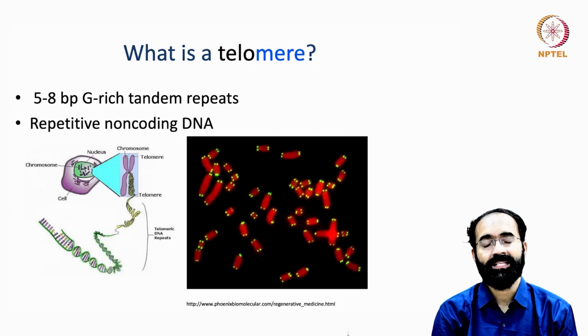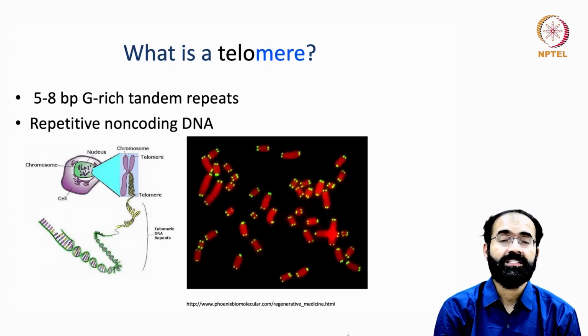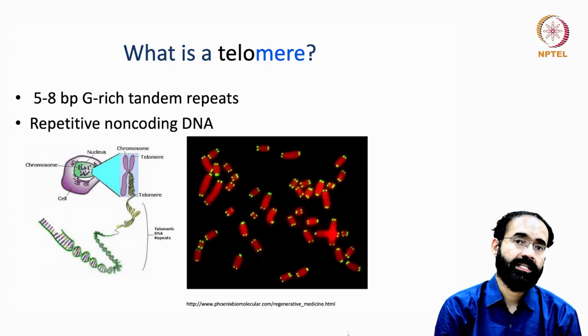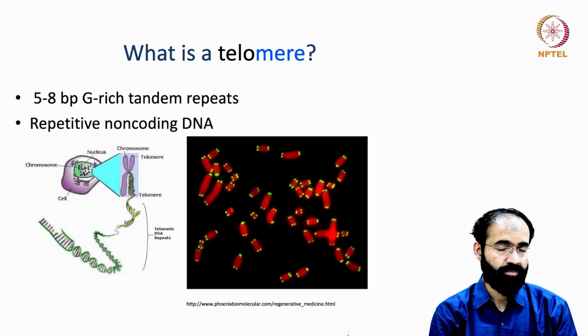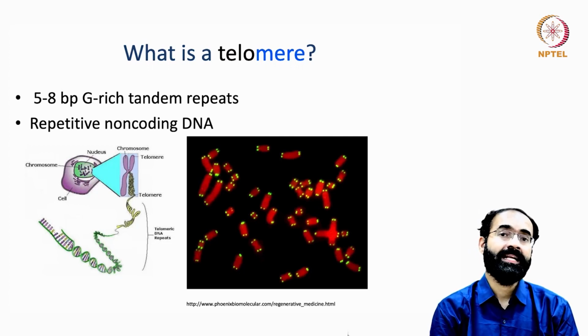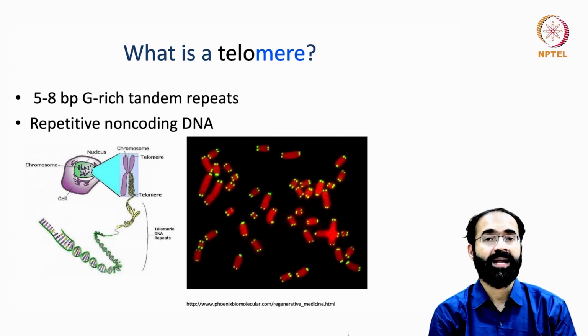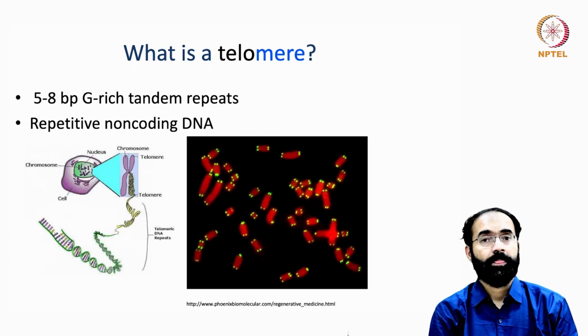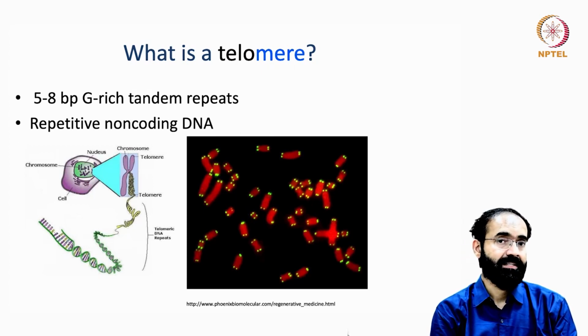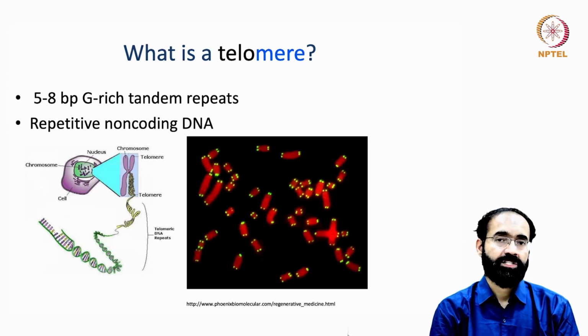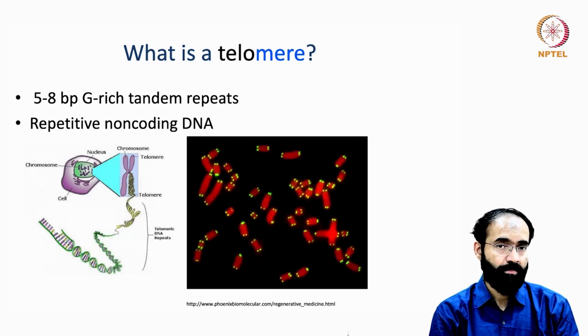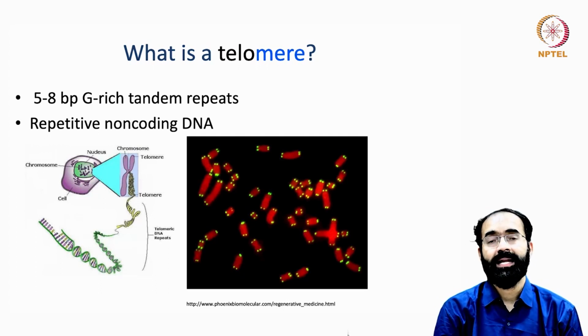End replication problem means the fragment towards the tip of the chromosome will end up a little stunted in one of these strands, because there will not be a place for the RNA primer to bind, because DNA synthesis takes place through initiation by an RNA primer.